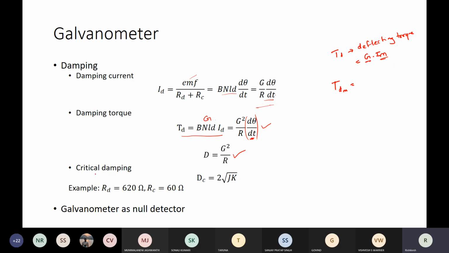Now I leave it to you to calculate the expression for damping constant in the case of critical damping. When do we say that the instrument is critically damped? Can someone tell? When do we say that the instrument, second order instrument, is critically damped? Which parameter decides this? Damping ratio is 1. Damping ratio, that is Z, is 1, isn't it?